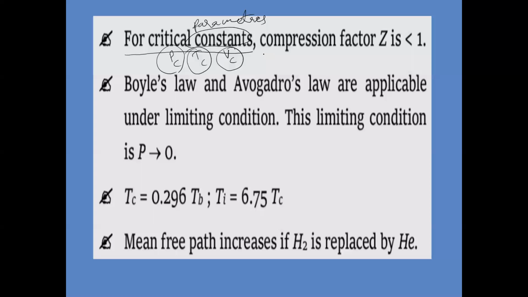For critical constants, the compressibility factor Z is less than 1. Whenever the compressibility factor is less than 1, that shows negative deviation. The remaining points we'll discuss in the next class.